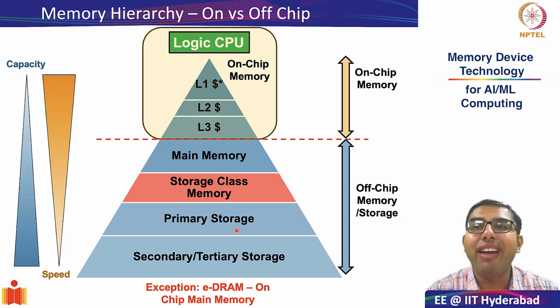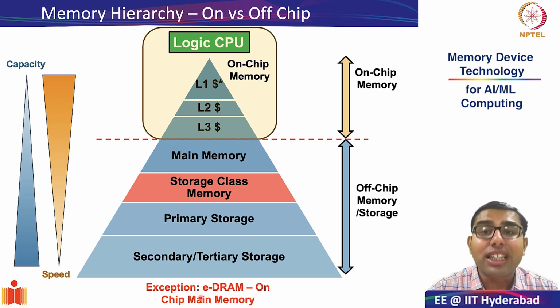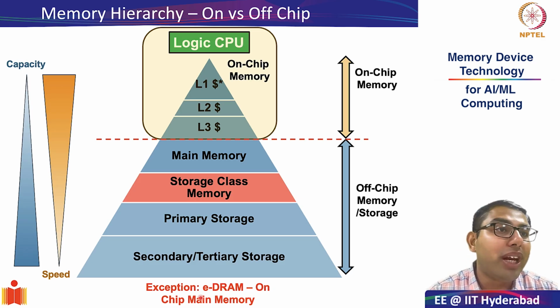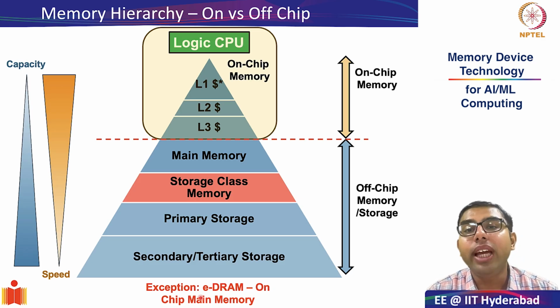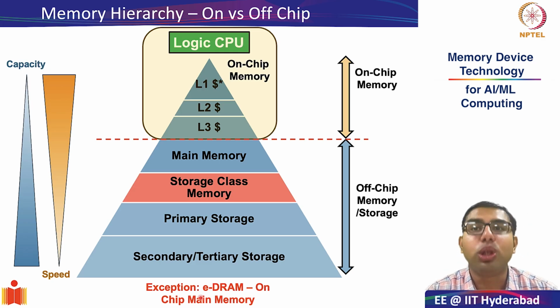It is a more generic representation, and there are several exceptions, such as embedded DRAMs, where the main memory is embedded on-chip with the logic subsystem. And the advantage, as we discussed, clearly has to do with latency.